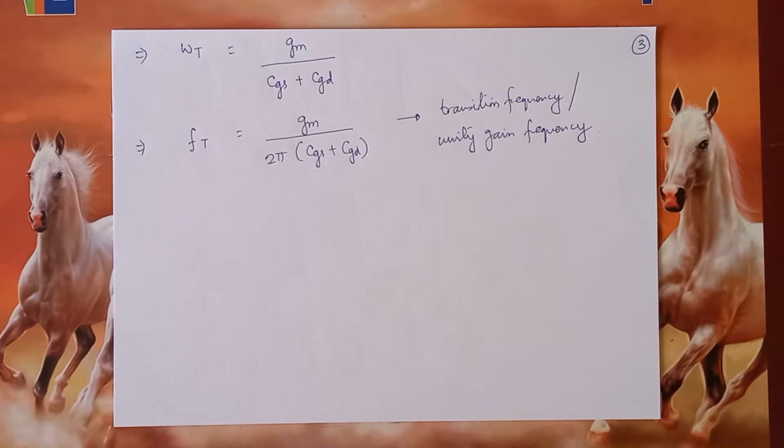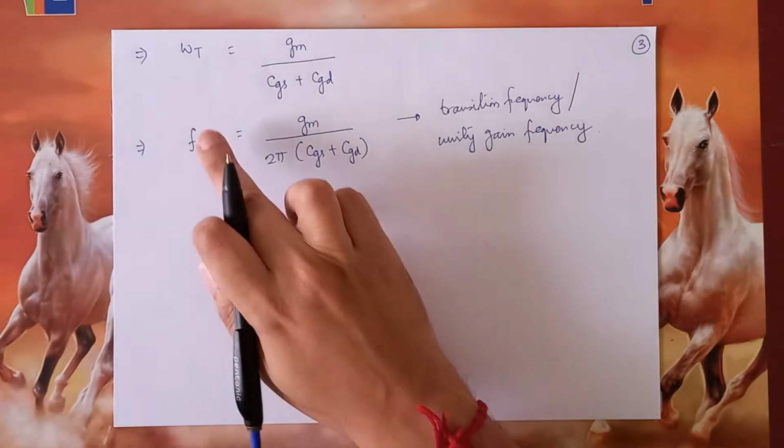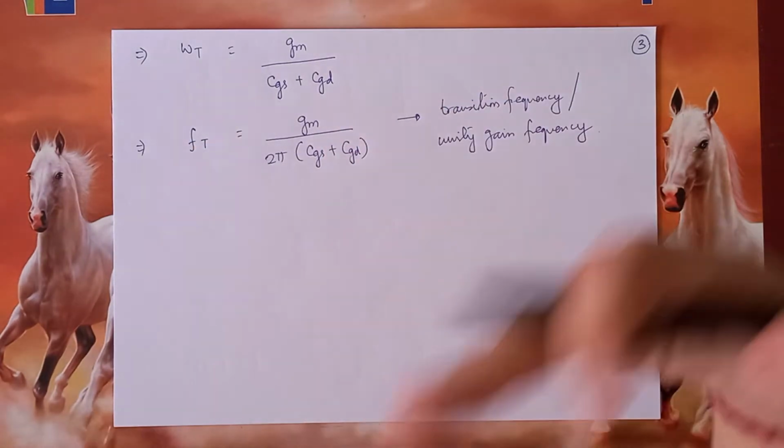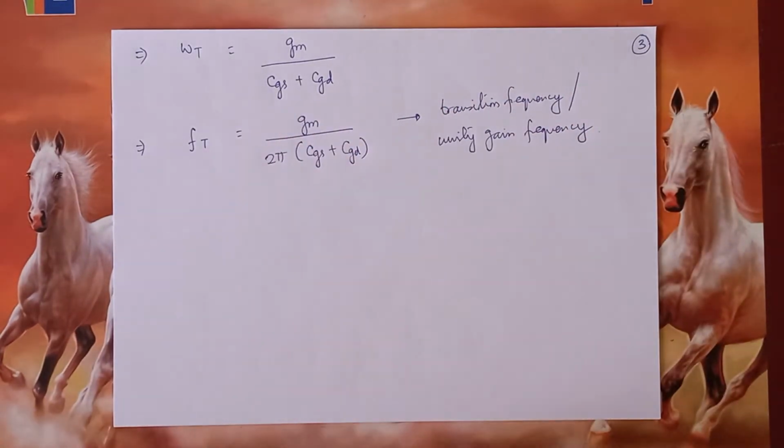Now, for RF transistors, we would want that this Ft should be as high as possible. But one thing to note is that if somebody is trying to sell you a transistor, saying that the transistor that I'm selling you has an Ft of, let us say, 15 gigahertz, don't fall easy prey to that statement. Why? Because this Ft is more of an idealistic quantity.